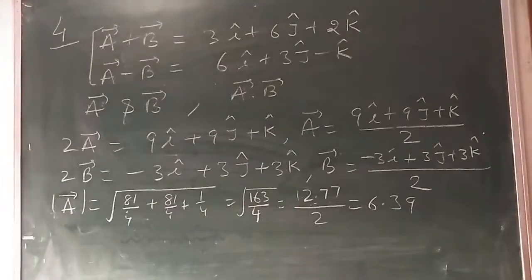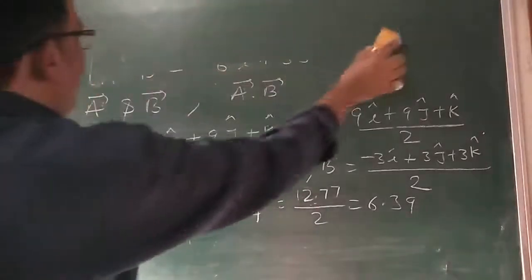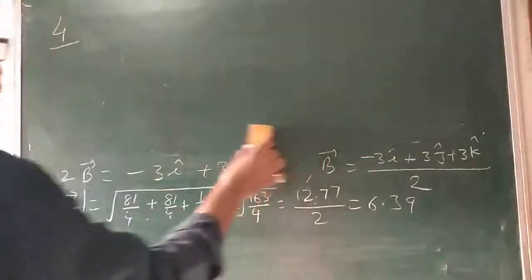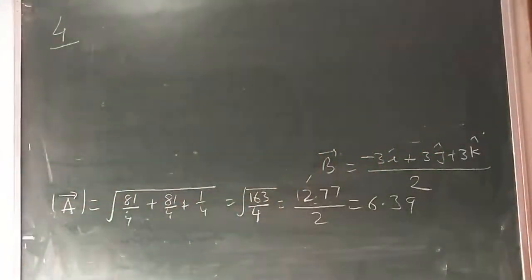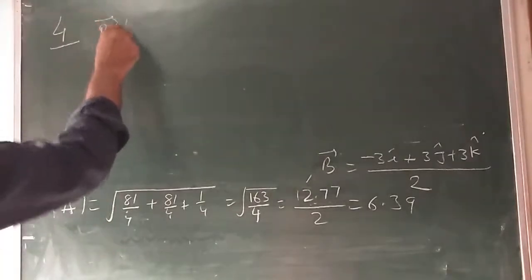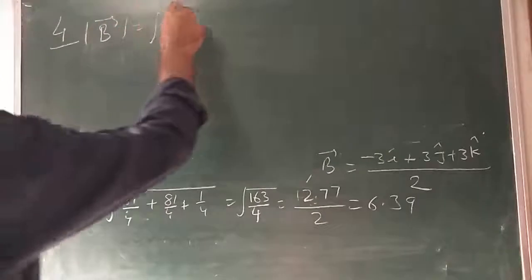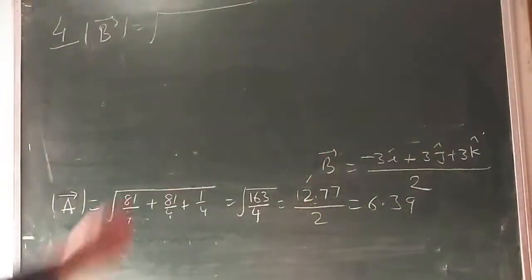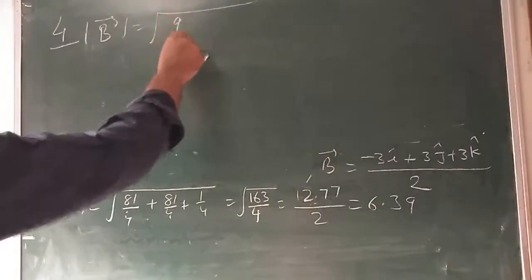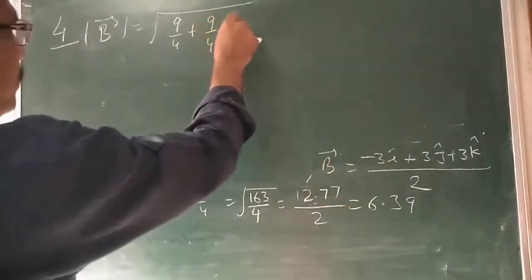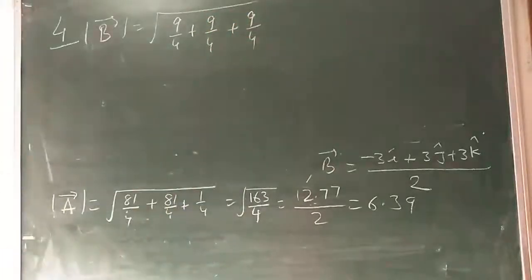Then in a similar manner we find the magnitude of b. Here it is the value of b. B comes out to be, that is again a x square minus 3 by 2 whole square, that is 9 by 4. Similarly 3 by 2 whole square 9 by 4 plus 3 by 2 whole square 9 by 4.